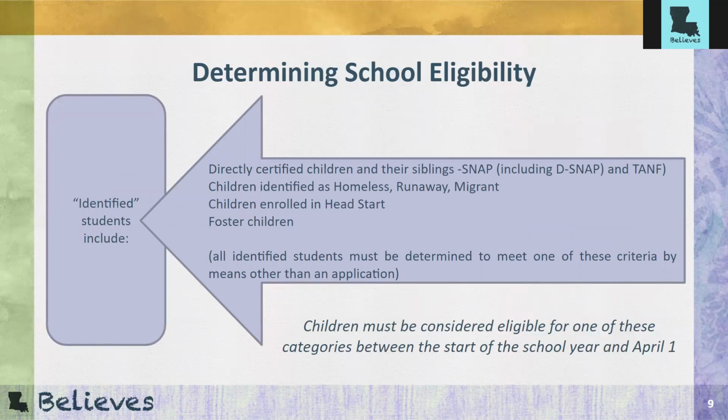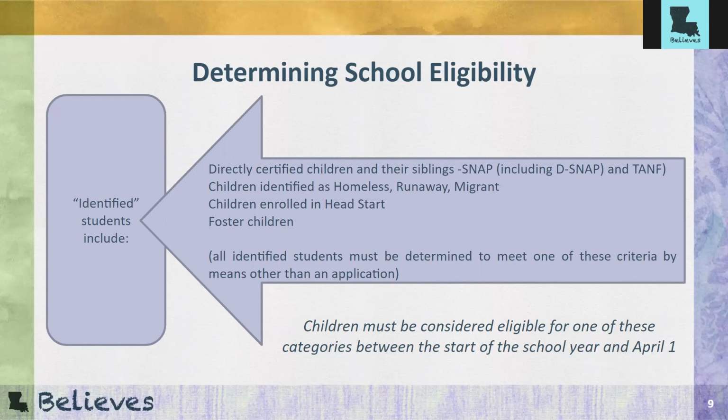So when we're looking at determining school eligibility, we're looking at the identified student count. So we're looking at the identified students over the enrollment to determine that identified student percentage. Identified students are the students that are considered eligible for one of these categories and not on an application. So they are children who are directly certified or their siblings for SNAP, which also includes DSNAP and TANF.